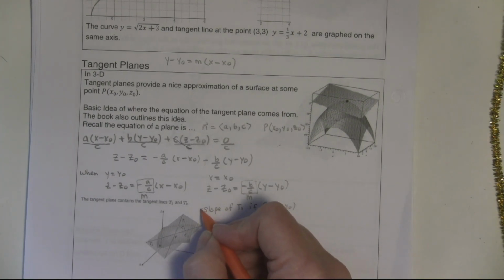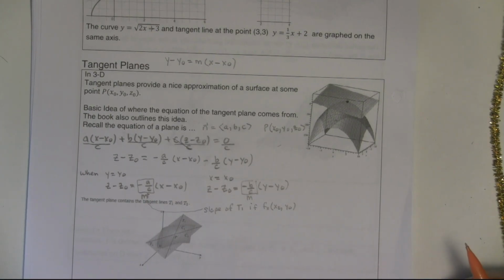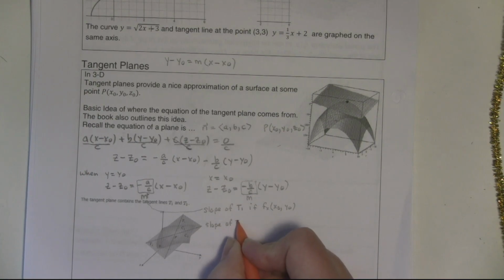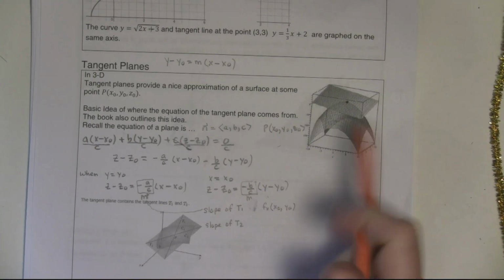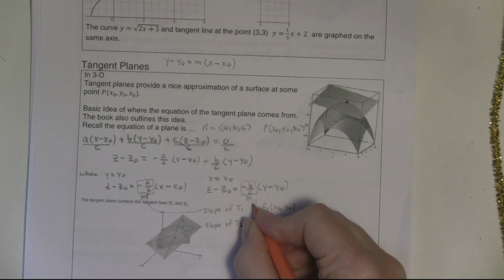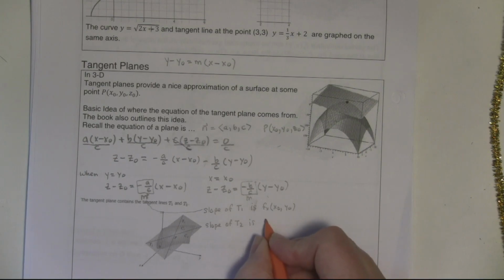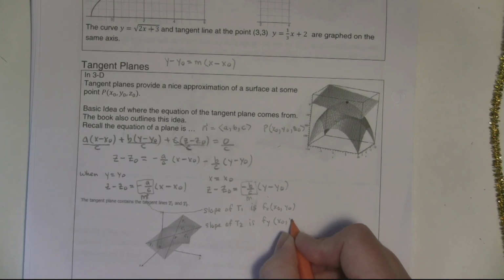And that is equal to this, negative a over c there. And T2, the slope of tangent line 2, is what I was trying to say, is the partial with respect to y at that point.